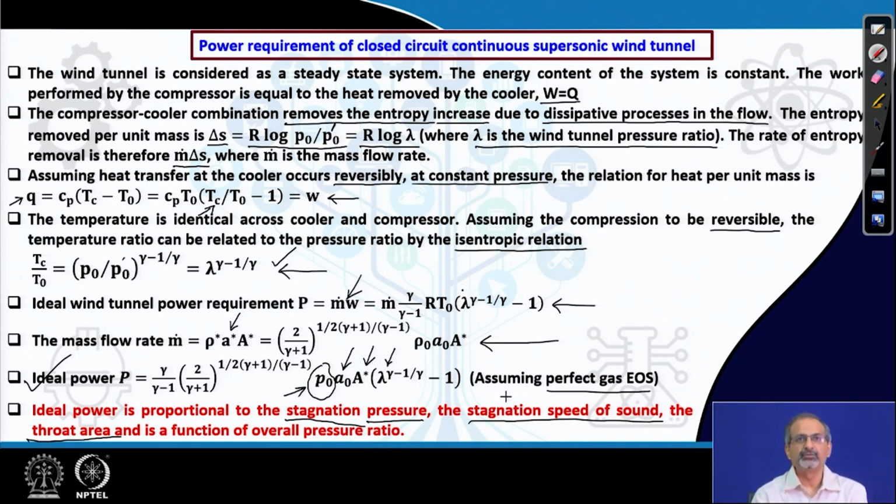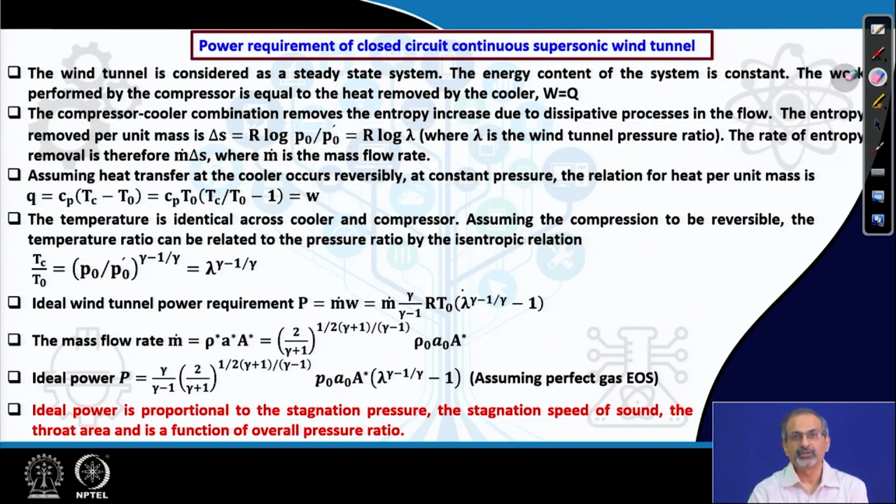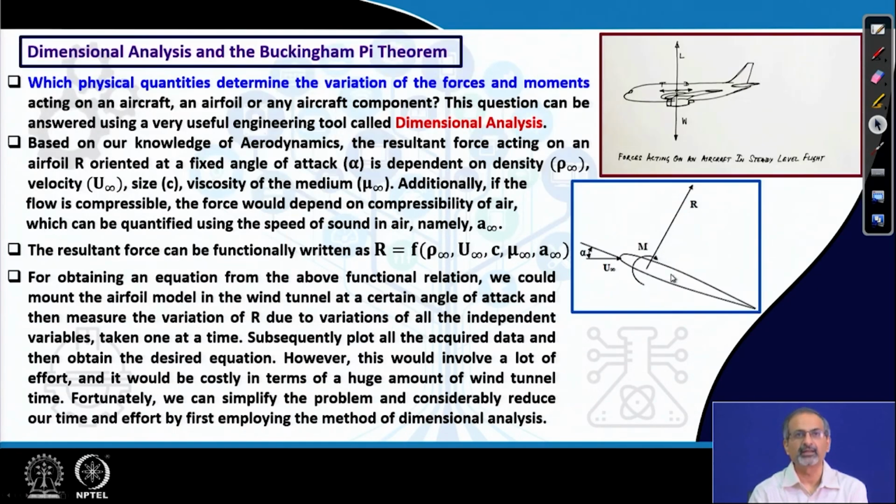This approach gives you a method by which you can estimate what would be the power requirement for your closed circuit continuous supersonic wind tunnel. So, with this we are ending our discussion on the closed circuit supersonic wind tunnel.